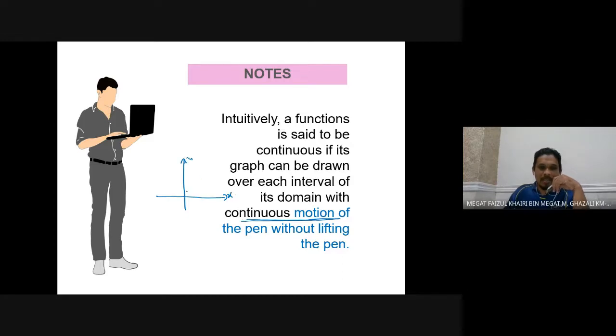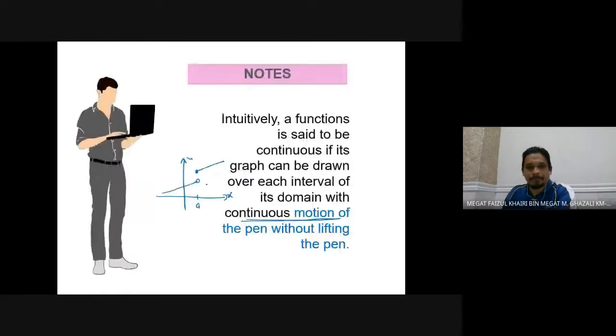Okay, so let's say we have a graph here where x equals a, and then we have a graph on this side. Just imagine that I begin my sketching or my journey from here.